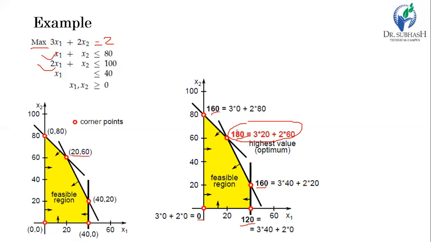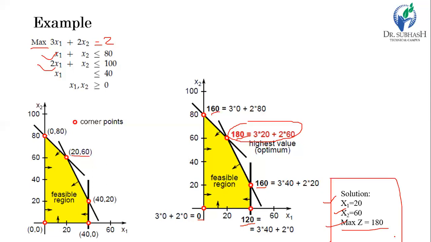In this way, we get the solution of the given LP problem: x1 equal to 20, x2 equal to 60, and maximum z equal to 180. So this is the solution of the given LP problem.